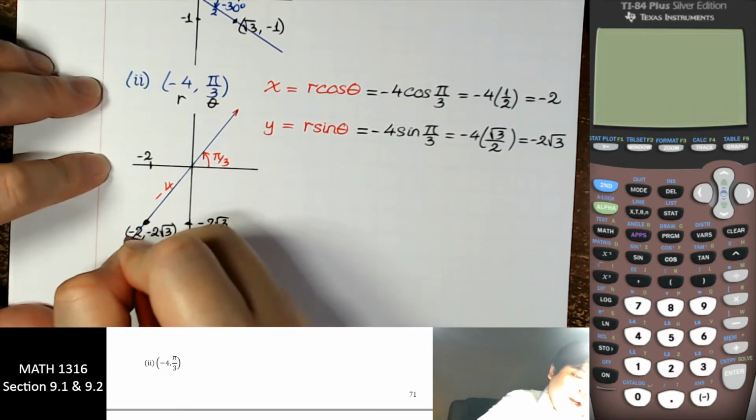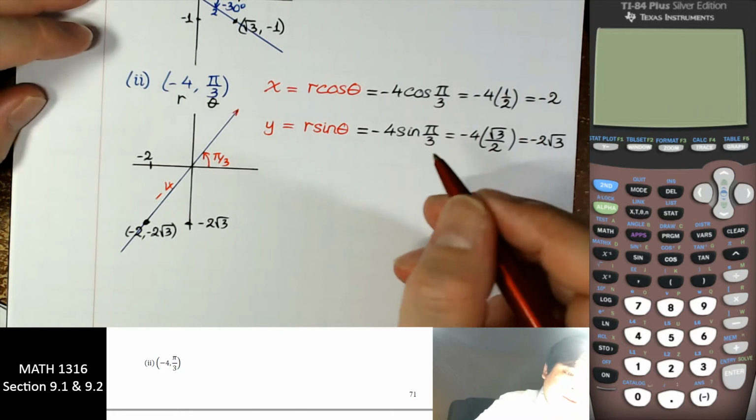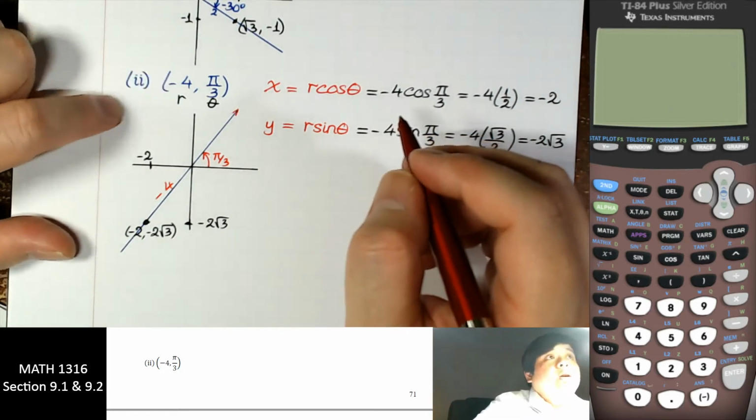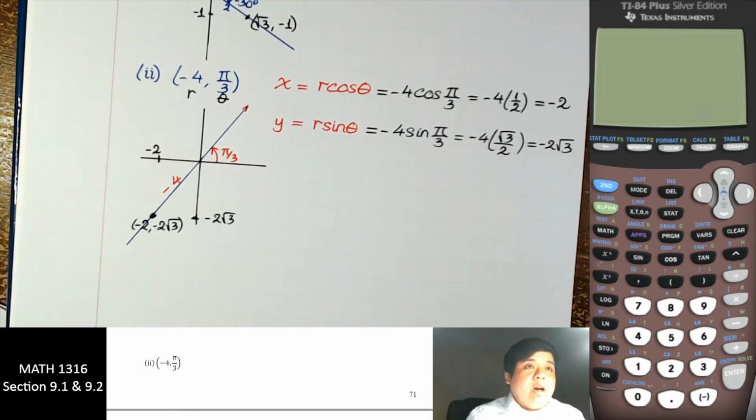So we can write negative 2, negative 2 square root of 3, or we can say negative 4, pi over 3. So either that or that. This one in polar, this one in rectangular. They both represent the same point.